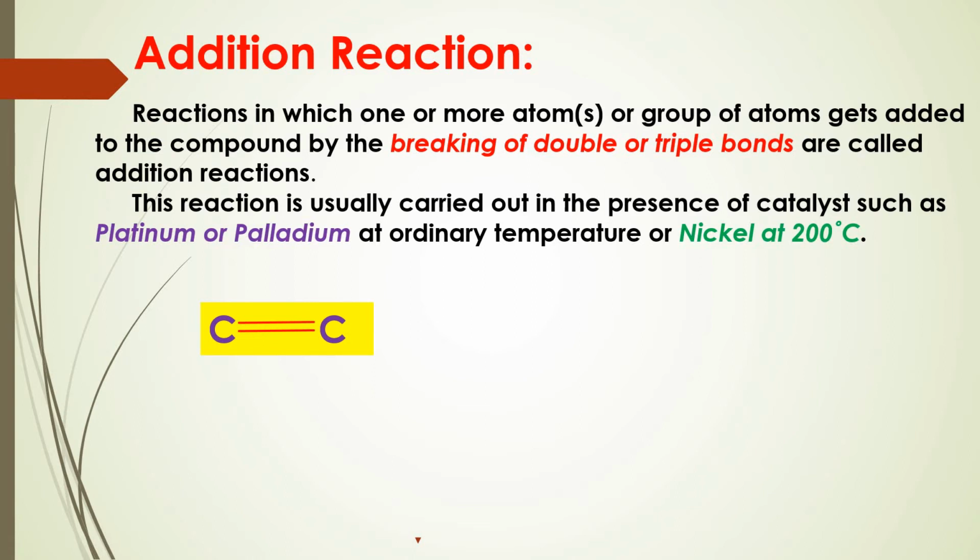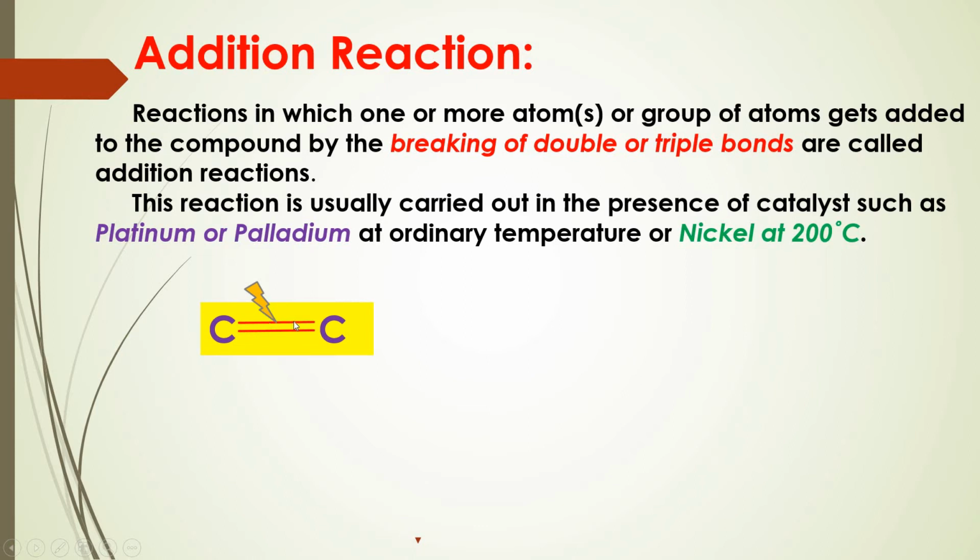Over here we have two covalent bonds between the carbon atoms, a double bond. For this bond there are two electrons, and for the other bond there are again two electrons being shared between two carbon atoms. So when we do the addition reaction and provide energy, that energy will break one covalent bond. Out of the two bonds, it will break one covalent bond.